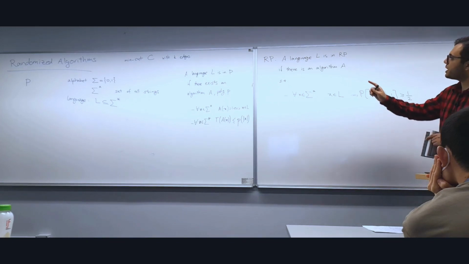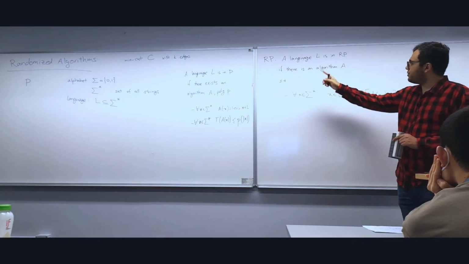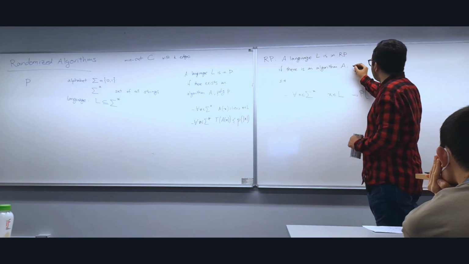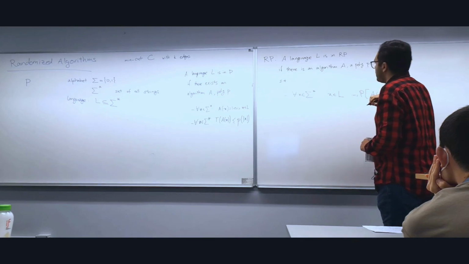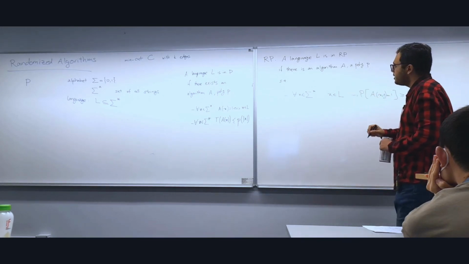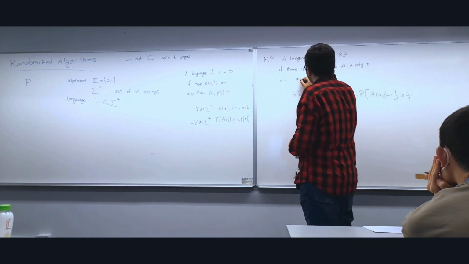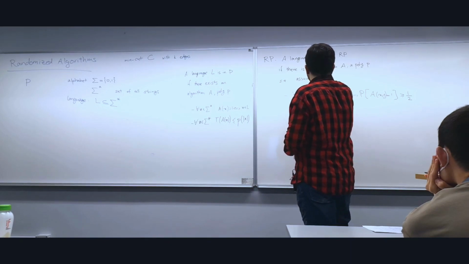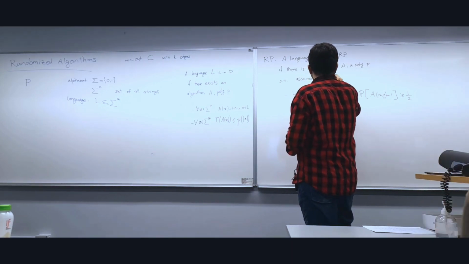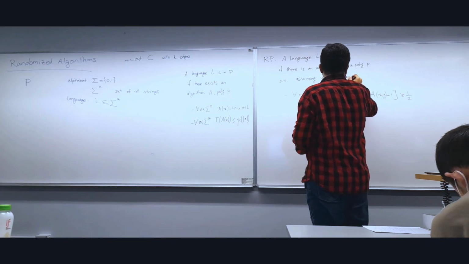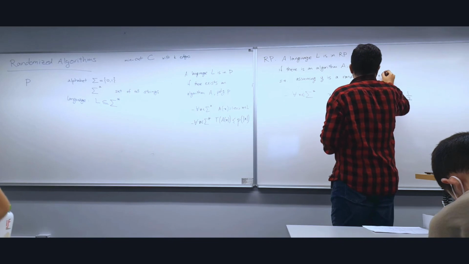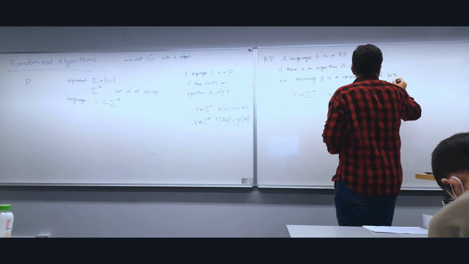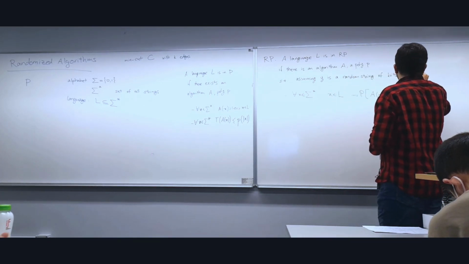So I want to say the language is in RP if there is an algorithm A, a polynomial P, such that now I want to assume that Y is a random string of bits of length P of X.